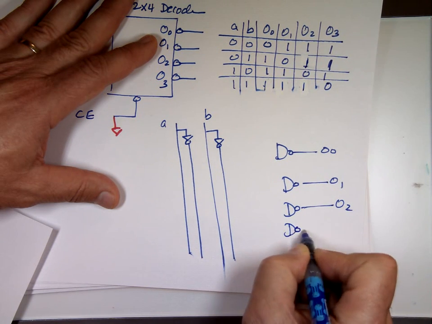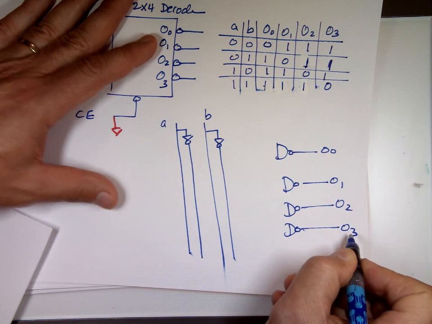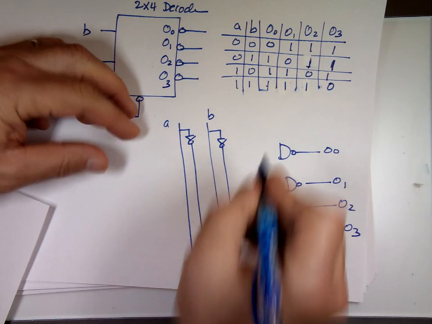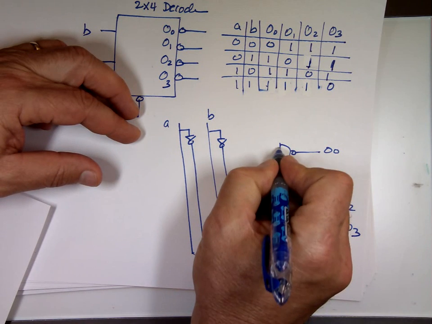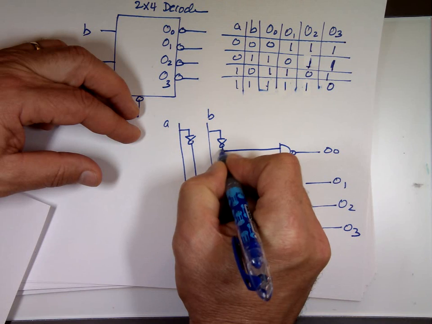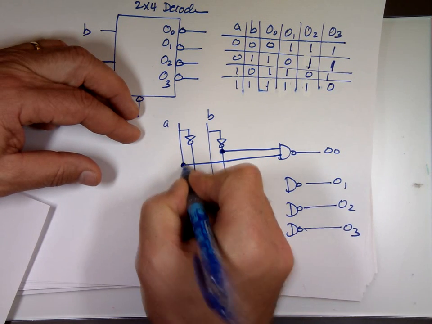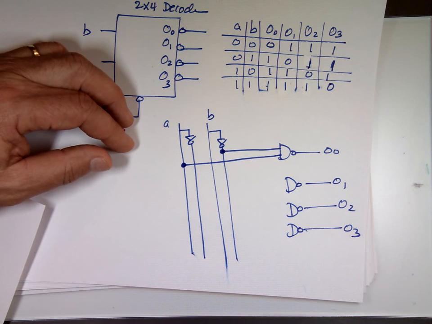The enable is going to be the same thing, it has to be low. So this will be attached. I'll put the chip enable in a second there.